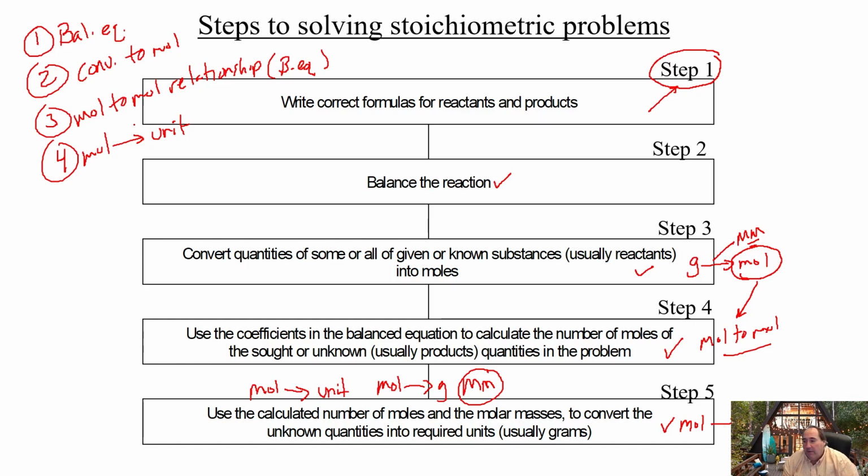Sometimes people unconvert it to grams and then go back to moles. So don't go backwards, just go forwards. If it's already in moles, then all you have to do is go to step 3, and then go to step 4. So if something is done for you, you just go forward, don't go backwards. But pretty much in basic stoichiometry problems, if you follow these 4 steps, it should lead you to the right answer.